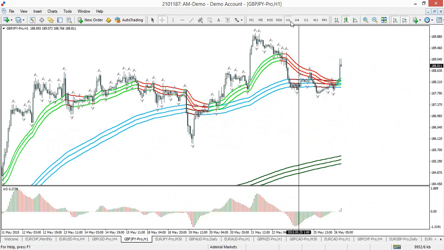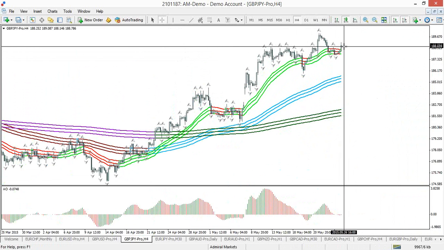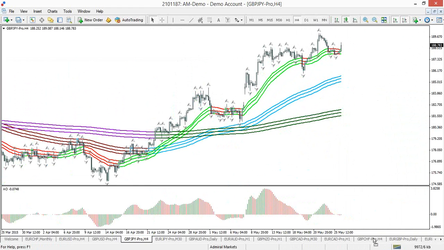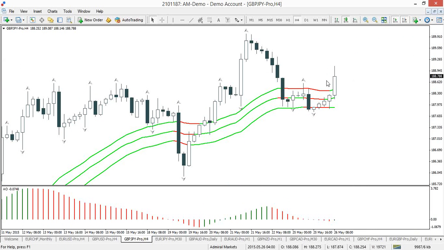So at this moment, when you look at the daily chart and weekly chart, they're in a bullish mode. And we can see that a decent candle close above the 34 band here could be a trade, just like this one was, for instance.